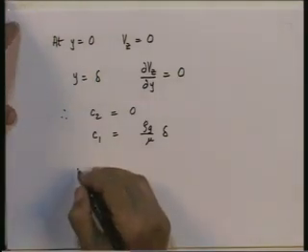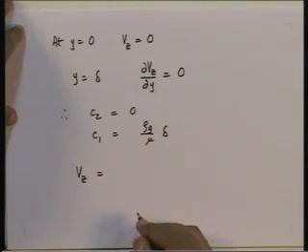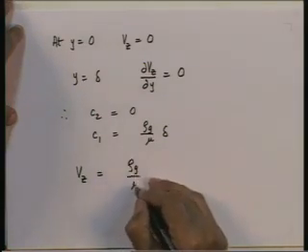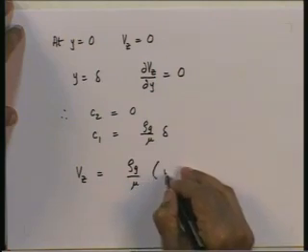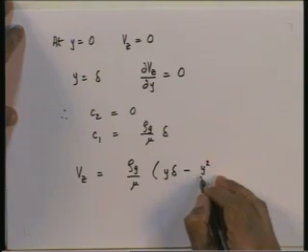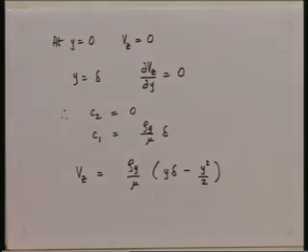Therefore, the velocity profile of the liquid condensate is given by Vz is equal to rho g by mu multiplied by y delta minus y squared by 2. This is what we get for the velocity profile of the liquid condensate inside the liquid film.